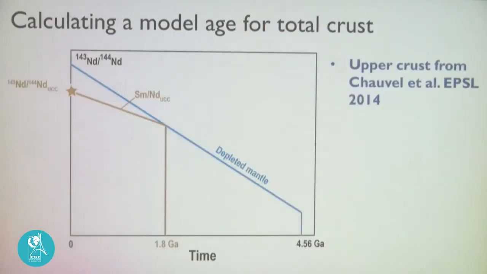So if I go back to my figure, which I showed the model ages, we can try to estimate the model age of the total continental crust instead of having just the upper continental crust. And here I use the same sketch. I plot here the neodymium isotopic composition that we estimated for the upper crust, used the samarium-neodymium ratio that we calculated as well, and we get an age, 1.82, okay?